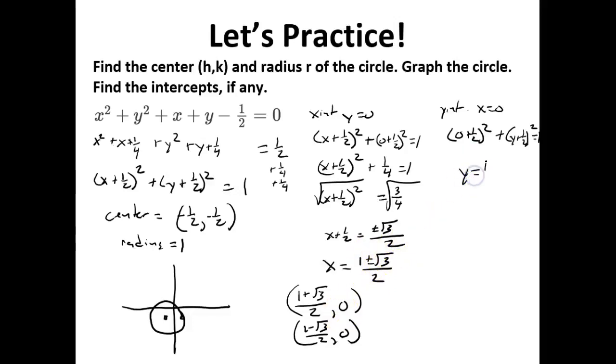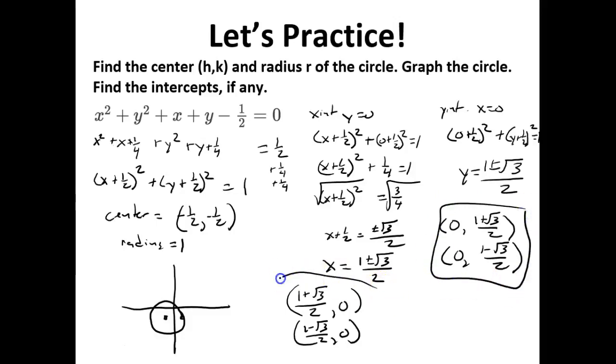So y is equal to negative 1 plus or minus square root of 3 over 2. My two y-intercepts are at 0, negative 1 plus square root of 3 over 2, and 0, negative 1 minus square root of 3 over 2. There's my y-intercepts and my x-intercepts.